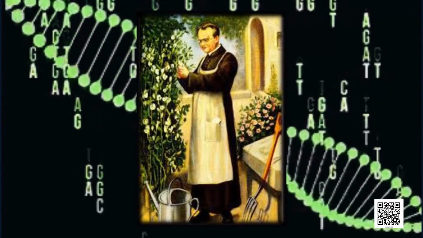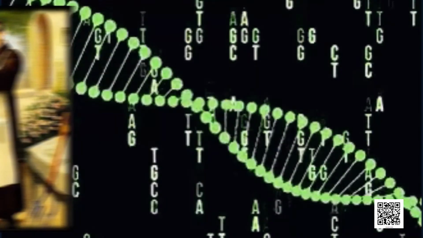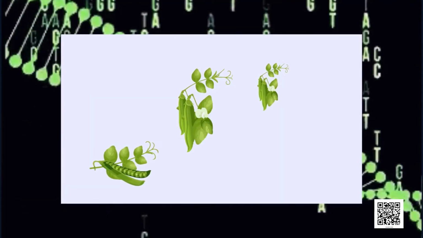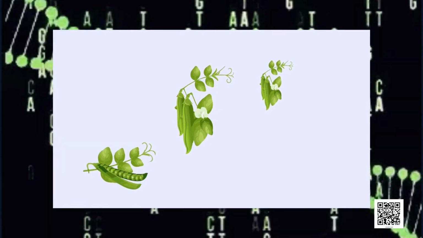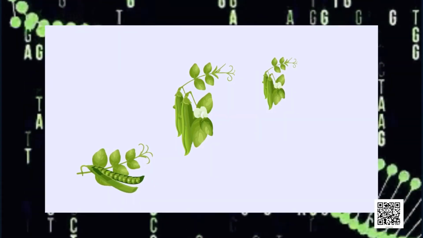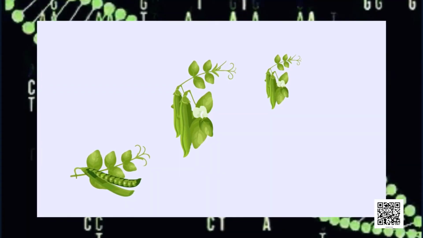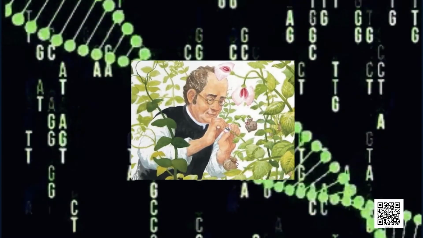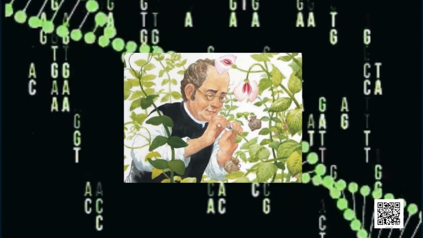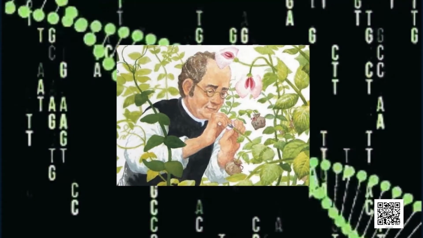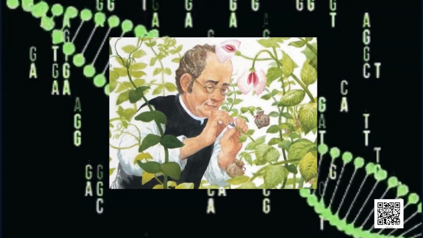Prior to him, many other scientists also studied inheritance in peas and other organisms. But Mendel blended his knowledge of science and mathematics and gave excellent results, which we study as laws of inheritance today.